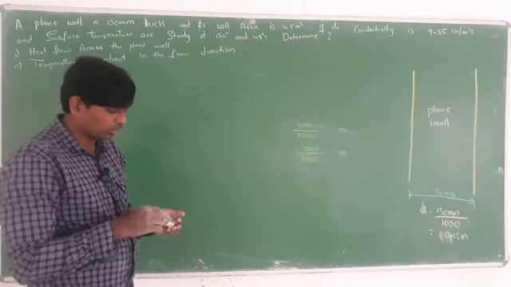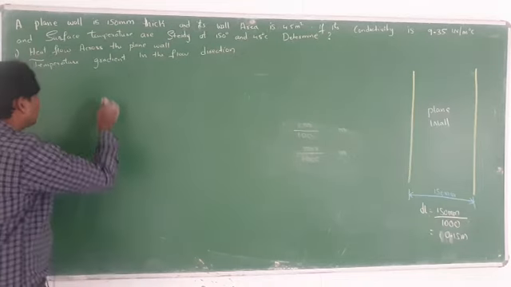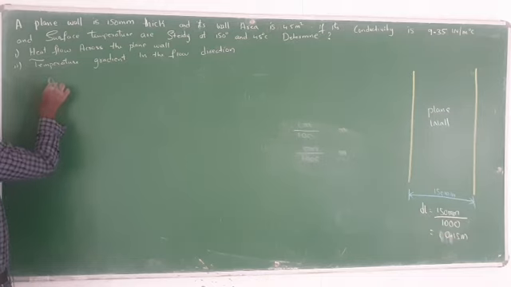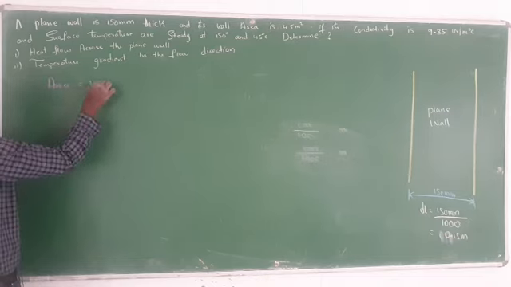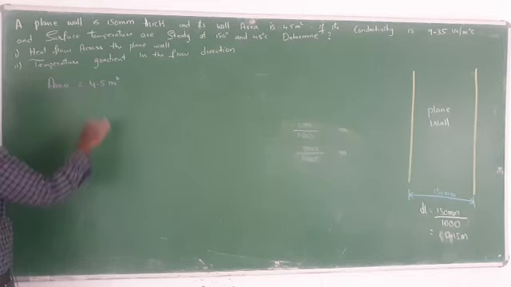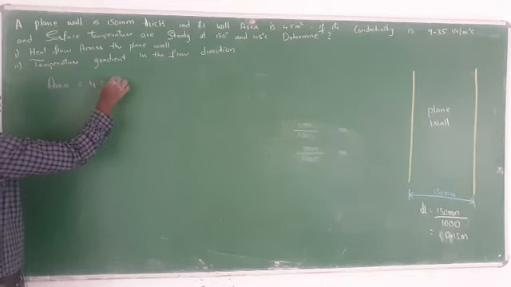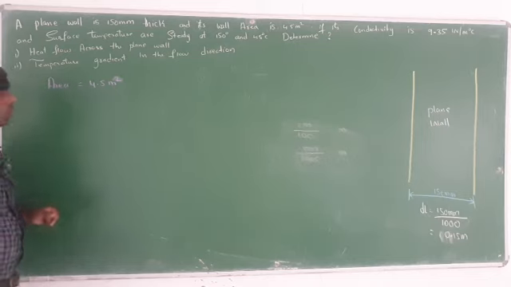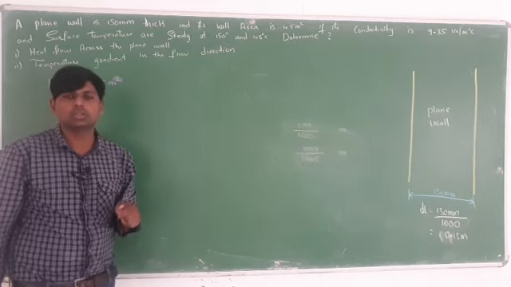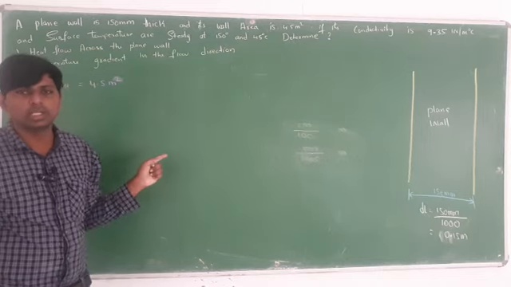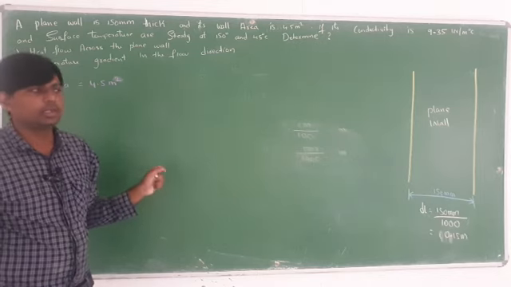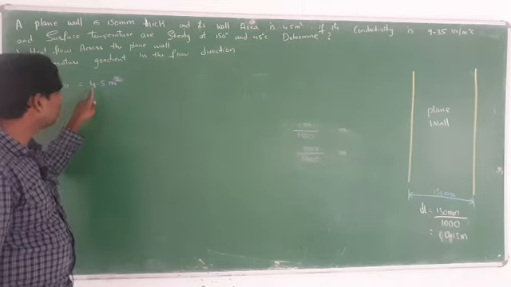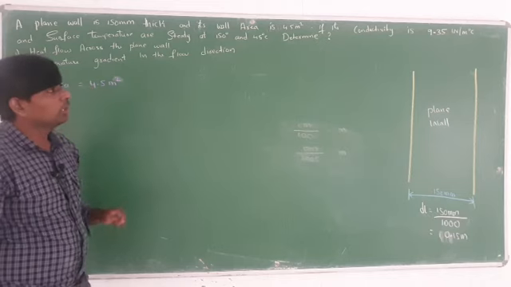So I will write here: area is equal to 4.5 meter square. Area is length into breadth, meter into meter, which will be meter square. So area is equal to 4.5 meter square.